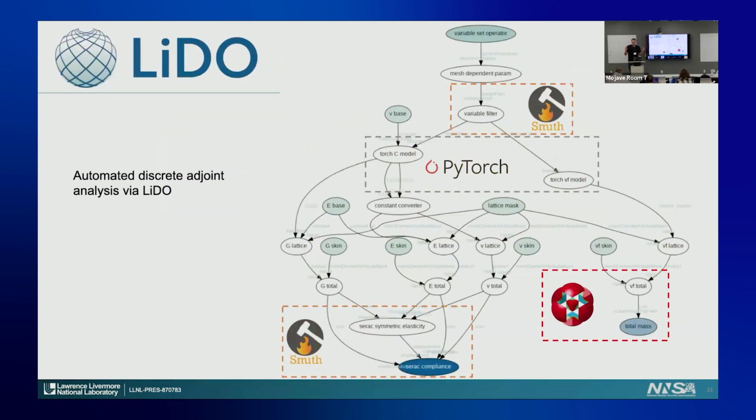This is just a simple example of what a Lido graph might look like. This is a non-trivial one, but the idea is you might have certain inputs. Then, like I mentioned, this idea of a filter. You can change the geometry through a filter. That's some topology optimization related lingo. Apologies, but it's basically a PDE solve. And then you might even call a machine learned model at some point.